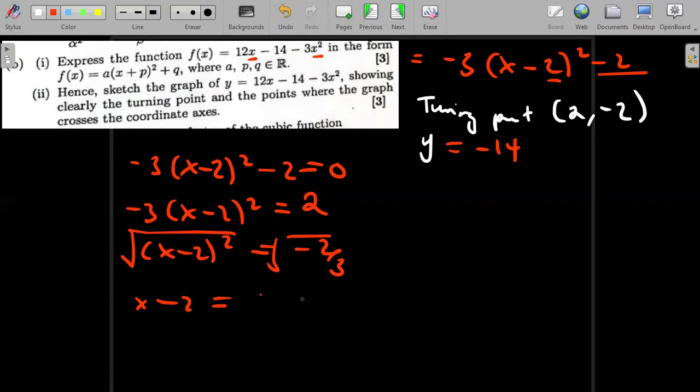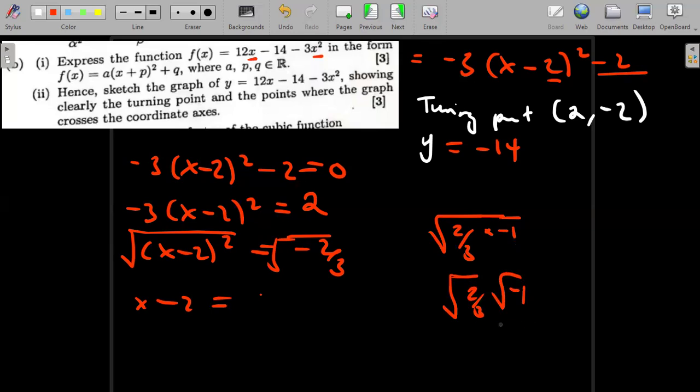Because of that negative there, that negative is just telling us that we're going to have a complex, an imaginary root there. Because when we say root of negative 2 over 3, we're saying it's multiplying by the negative 1, but I can now separate this as that negative 1.